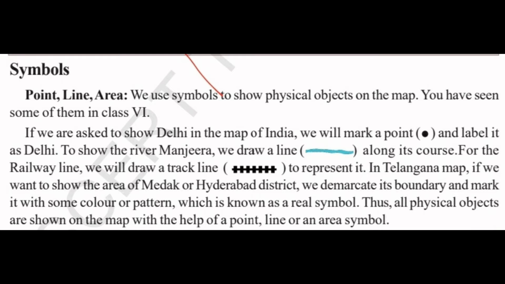As already on this map, the capital city is given by indicating the point. And if we want to show the river, how will we show it? We draw a line along its course and the color given is blue, which indicates water body.